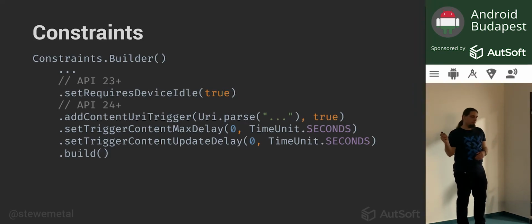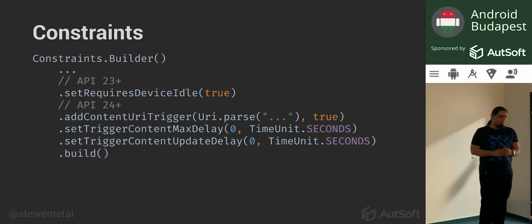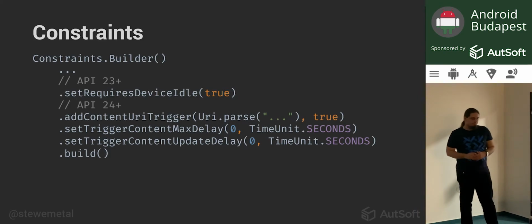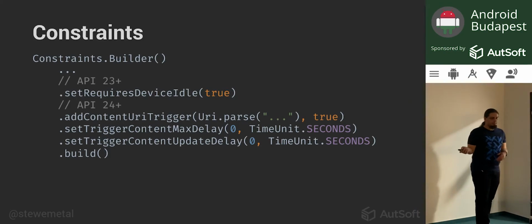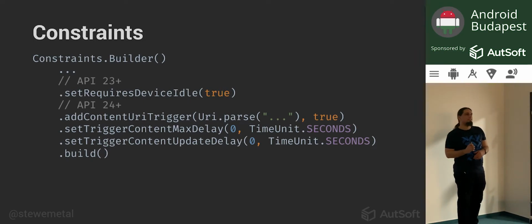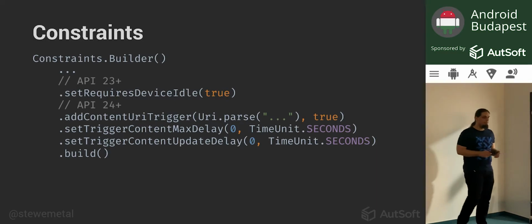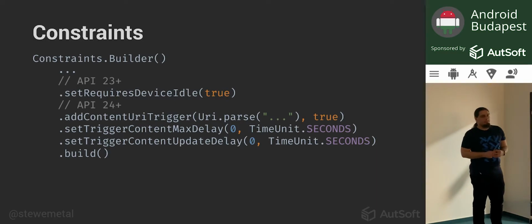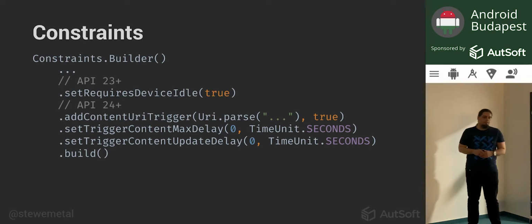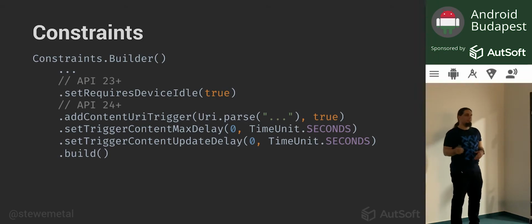There are two additional constraints that are working with this. One is the setTriggerContentMaxDelay. This is the delay when WorkManager first sees the change of the resource it's tied to. And the setTriggerContentUpdateDelay is when any other changes happen.